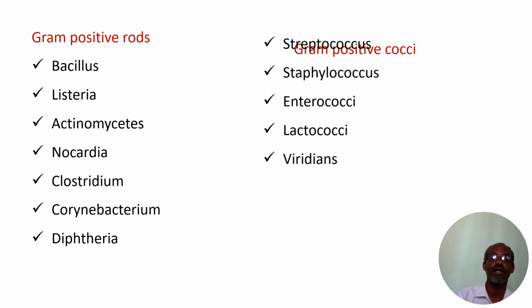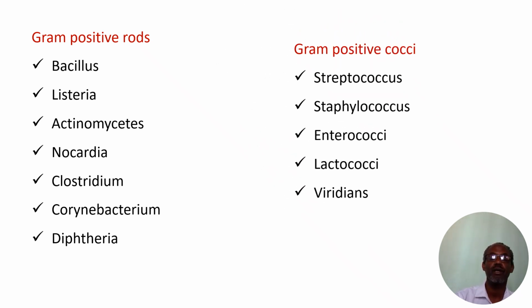Gram-positive cocci, which are spherical, include Streptococcus, Staphylococcus, Enterococcus, Lactococcus, and viridans streptococci. Except Neisseria, all cocci are gram-positive. Neisseria are gram-negative cocci, and we shall come to that category.